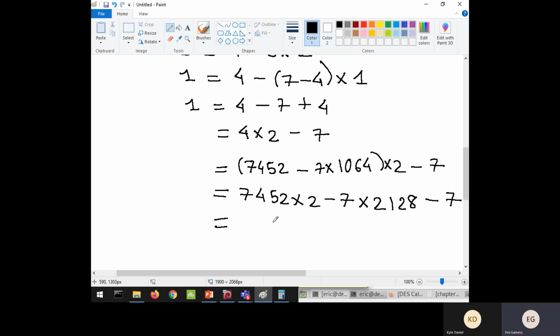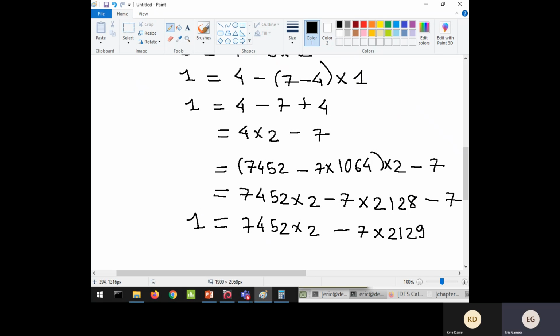So let's put the 7 together and the 7452 together. So it will give me 7452 times 2 and the 7 together. So minus 7 times 2129, isn't it?